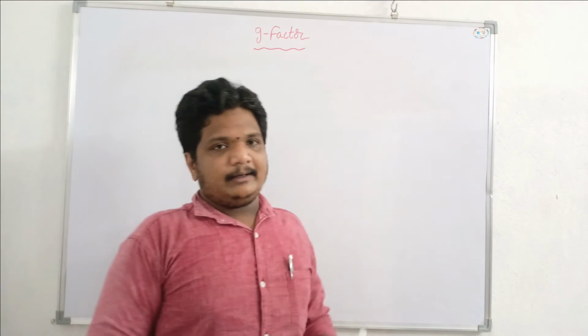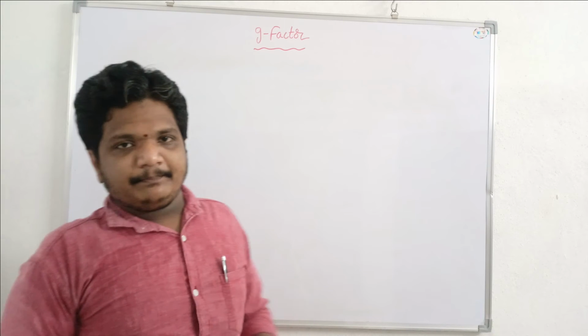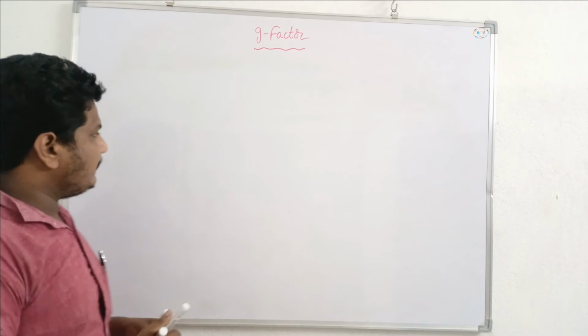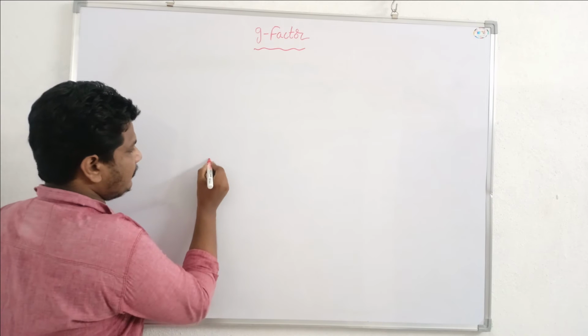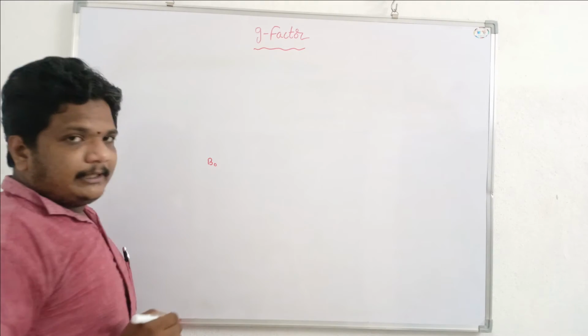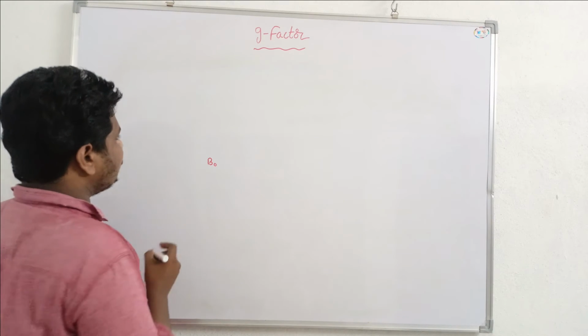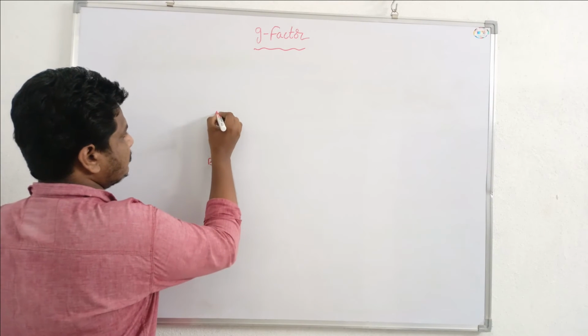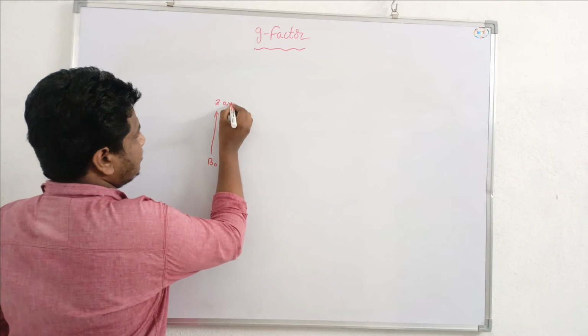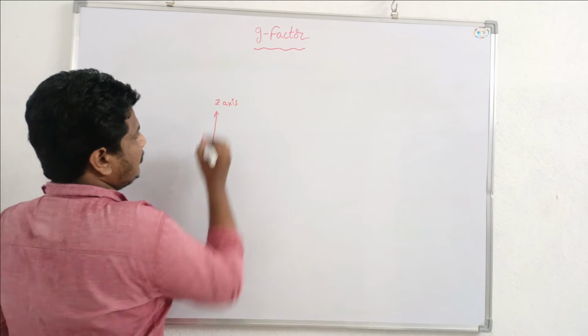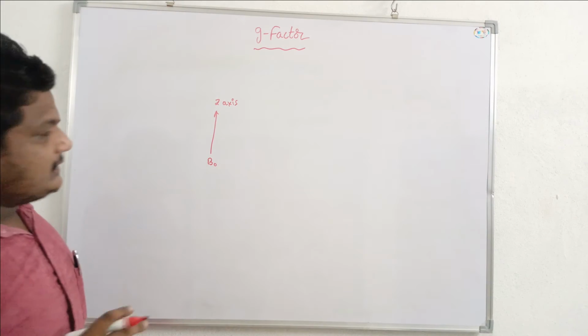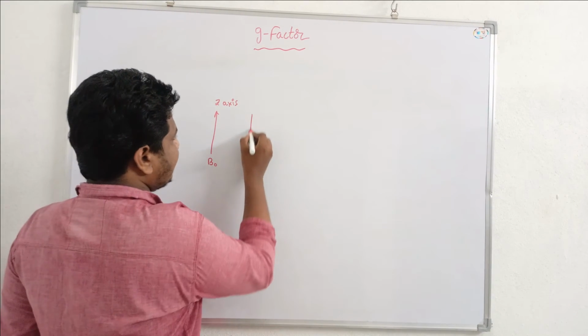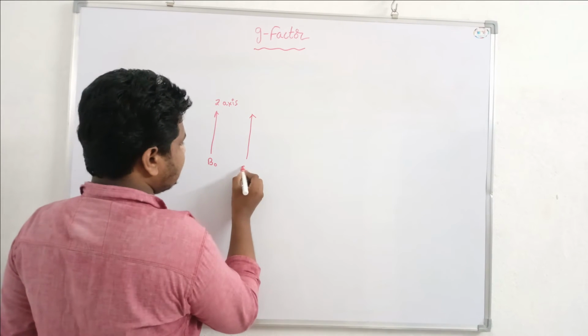As we know, in ESR spectroscopy we apply an external magnetic field, that is B naught. If you apply this external magnetic field along the z-axis, the g value along this z-axis is gz.